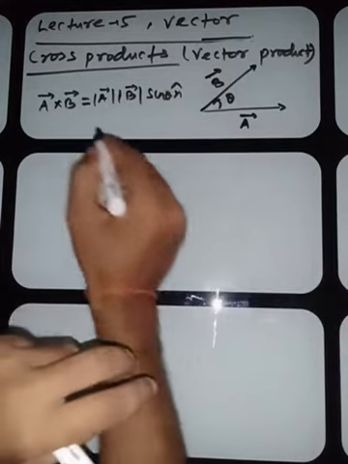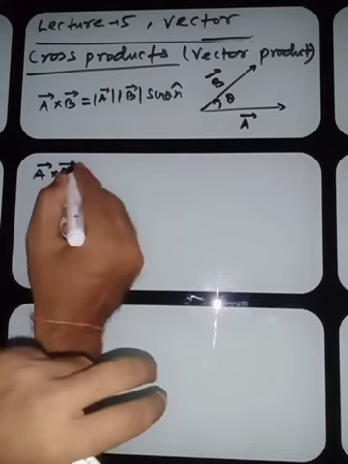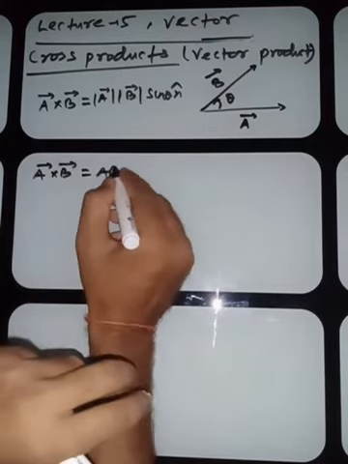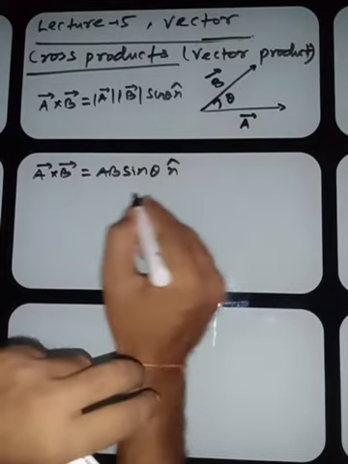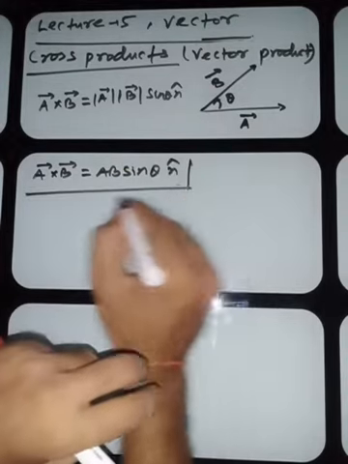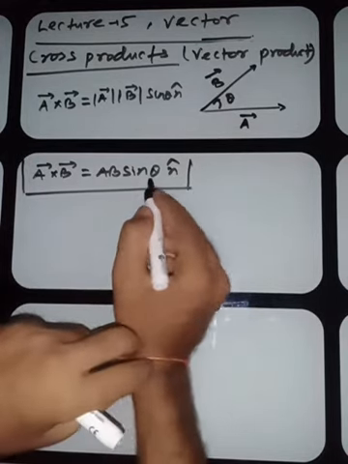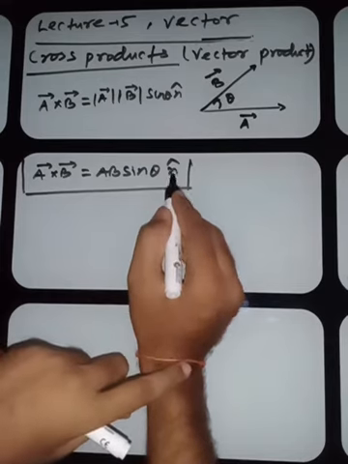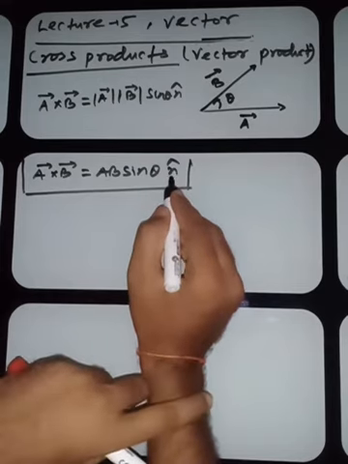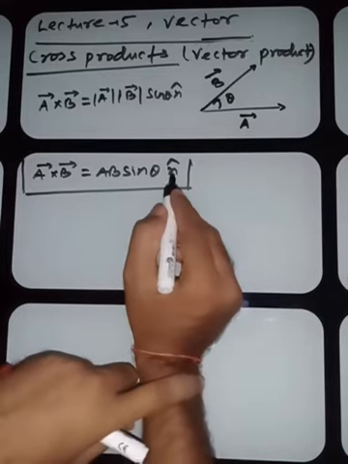This can be written as A cross B equals A B sine theta n cap. Now, my dear student, you can see this AB sine theta is the magnitude, and this n cap is the direction, that is the unit vector, which makes this entire value a vector quantity.